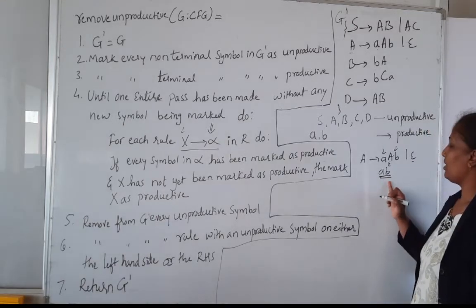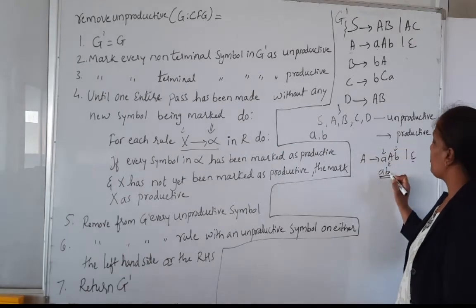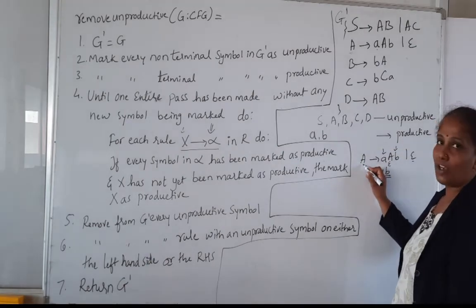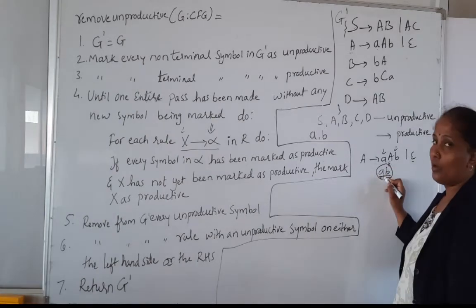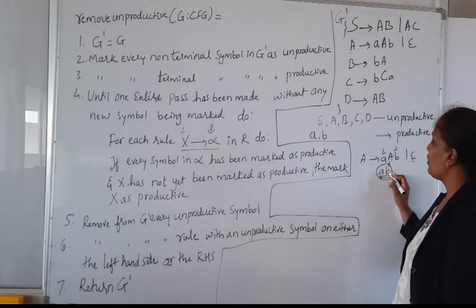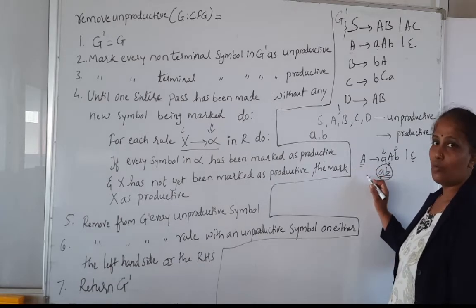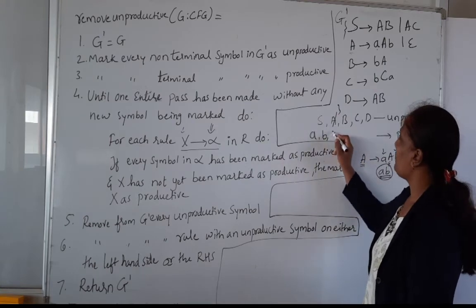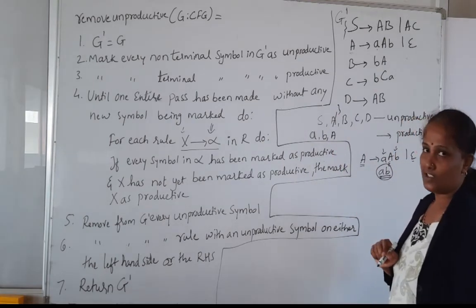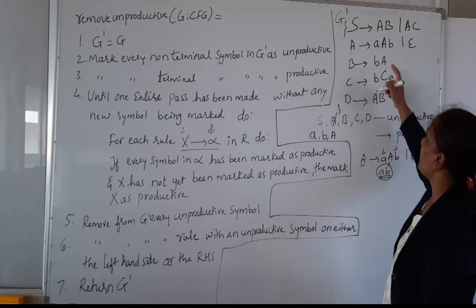I will get aB, where a and B are marked as productive symbols. So A is not yet marked as productive, but the right part of the rule contains productive symbols. So based on that, I can mark the left side symbol as a productive symbol. So I will remove this from the unproductive list and enter it in the productive list. Next, I will consider the second rule.